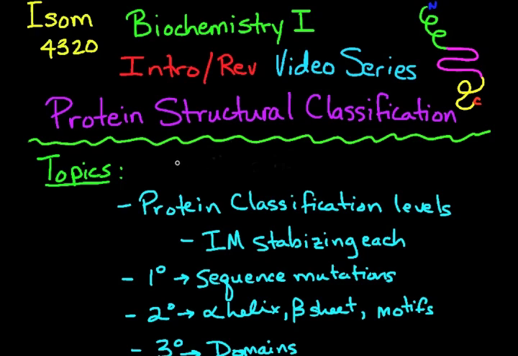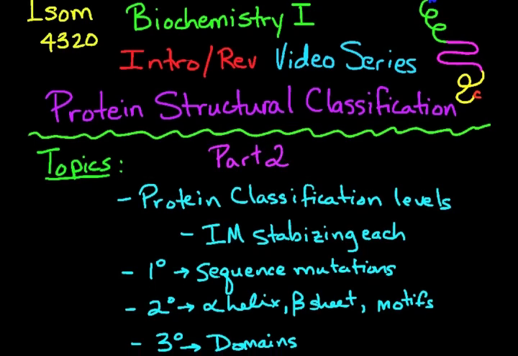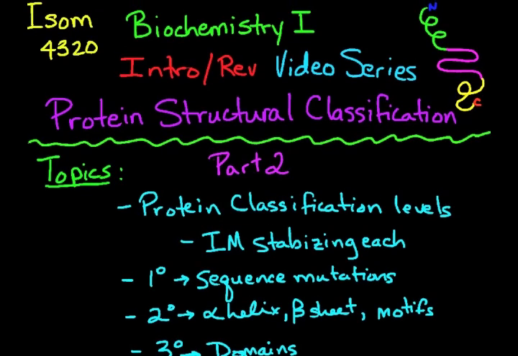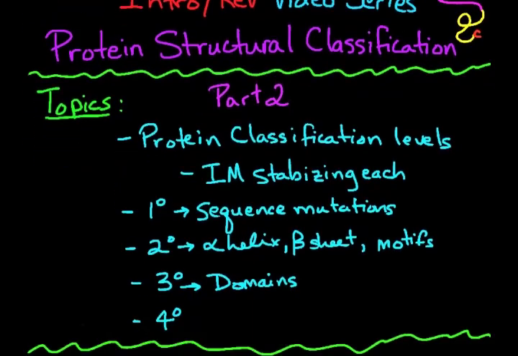Okay, welcome to what turned out to be part 2 of a discussion of protein structural classification levels. I ended the other video right after the discussion of the EF hand motif in secondary structure.